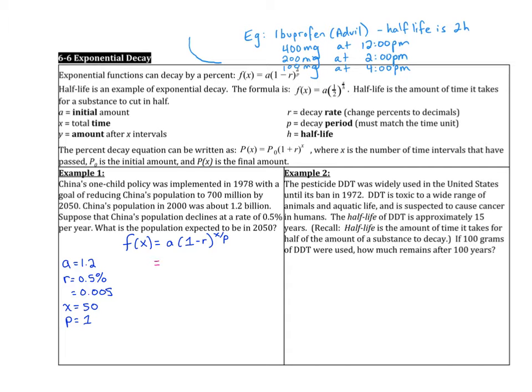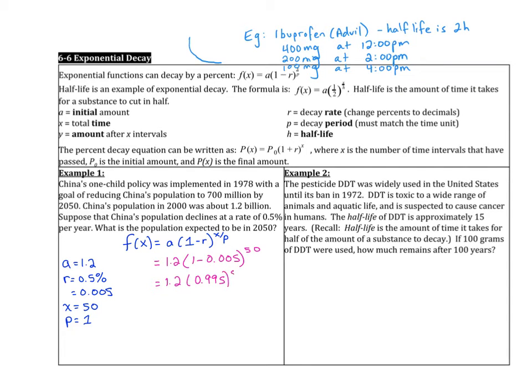So substitute that in. That's 1.2 times 1 minus 0.005 to the 50 over 1. You just have to write 50. And if you want, you can change that 1 minus 0.005 to 0.995.